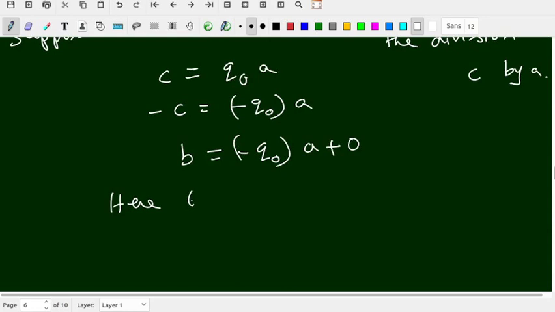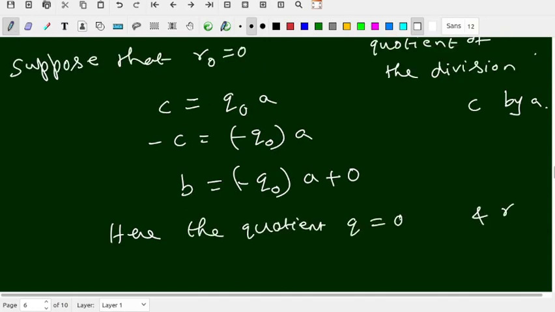So the quotient q equals minus q naught, and the remainder r equals r naught itself, which is 0 in this case.